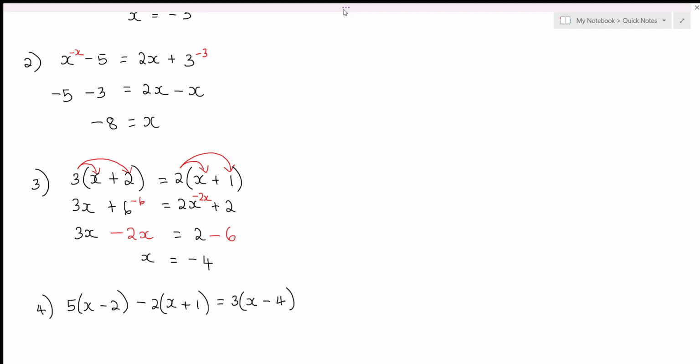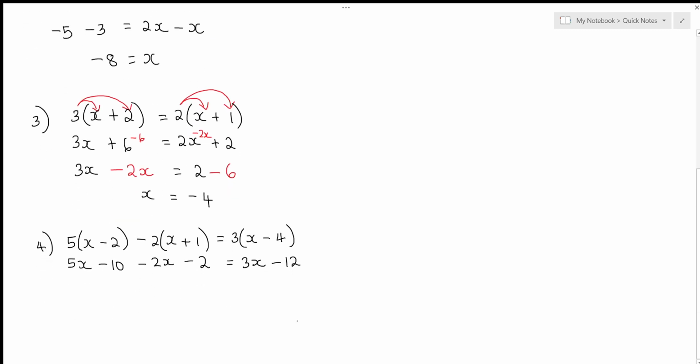So we're going to multiply out here. 5 times x is 5x. 5 times negative 2 is negative 10. Negative 2 times x is negative 2x. Negative 2 times positive 1 is negative 2. And on the right-hand side, I have 3 times x, which is 3x, and 3 times negative 4, which is negative 12.